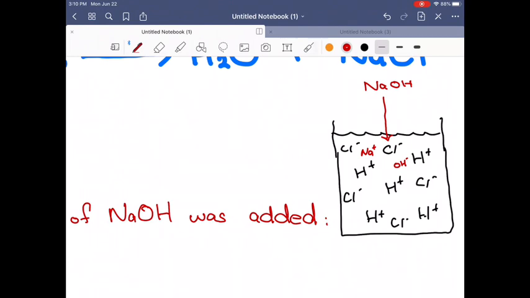Okay, now what's going to happen in your solution? Like all neutralization reactions, you're going to get OH and H finding each other. Let's draw that down. They're going to find each other to become water. Now, the thing is, will Na and Cl find each other to form sodium chloride? Yes, but they're not going to stick together.